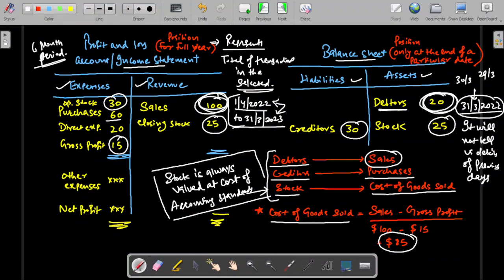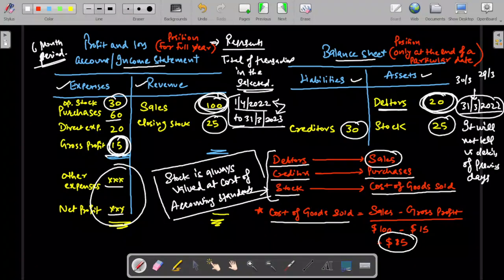So this is our example, the simplest example I have taken. There is a sale of $100, closing stock of $25, opening stock of $30, purchases of $60, direct expenses of $20. Then we have our gross profit of $15 here. Then these are other expenses and net profit. In our example, we are not concerned with these for now.